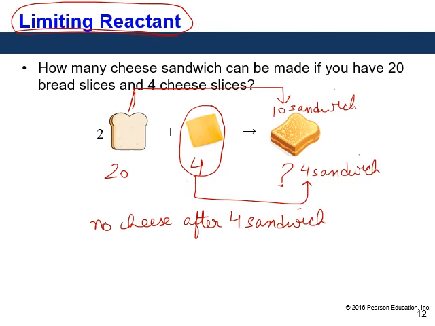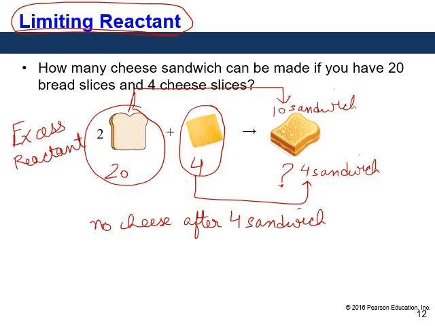So this is the reactant that finishes faster. The reactant that finishes faster is called the limiting reactant. The reactant that is present in extra amount, which would be left over, is called the excess reactant.